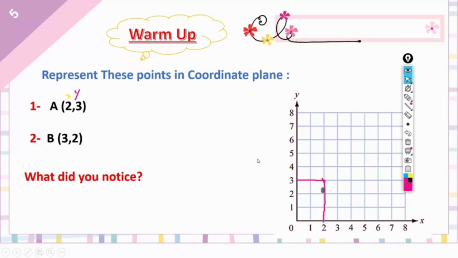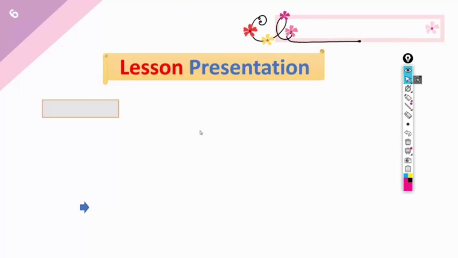Yes, it is A. B consists of 3 on the x-axis and 2 on the y-axis. We will start from x = 3 to reach y = 2. Yes, it is here.